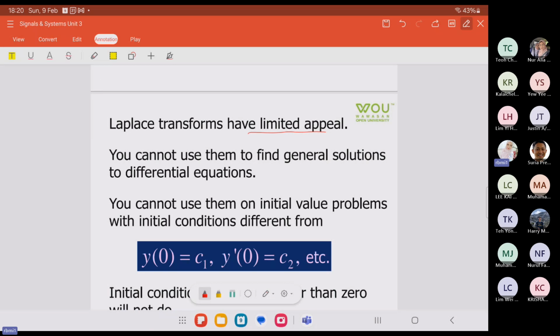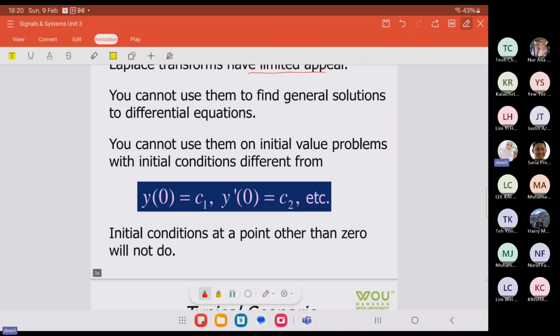For example, if we want to do stability analysis. Also, when we apply it to circuit analysis, we want to get the transient response. Let's say we have a circuit that contains RLC components: resistor, inductor, and capacitor. So we want to get the transient response, so we can use this Laplace transform.